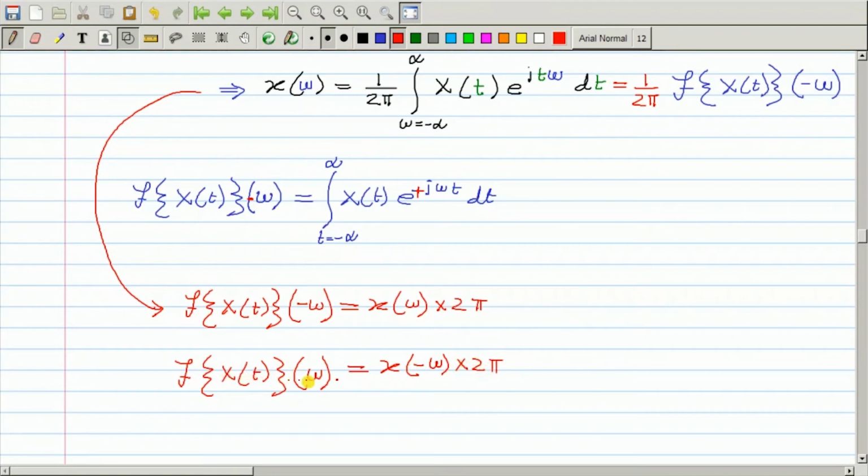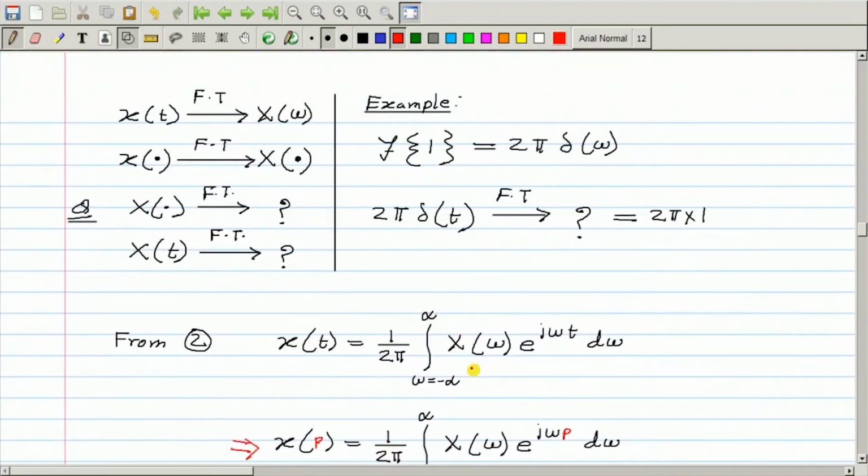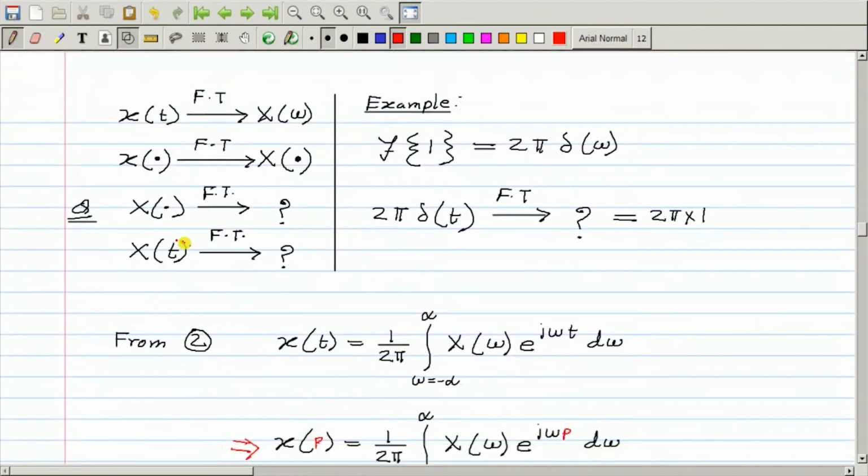Okay, and that is the answer. Here the answer will be the Fourier transform of capital X is 2 pi into small x minus omega.